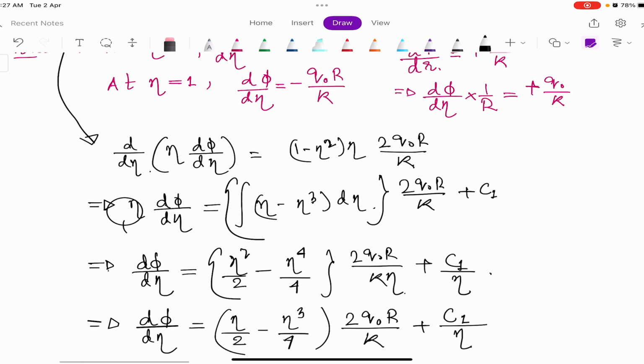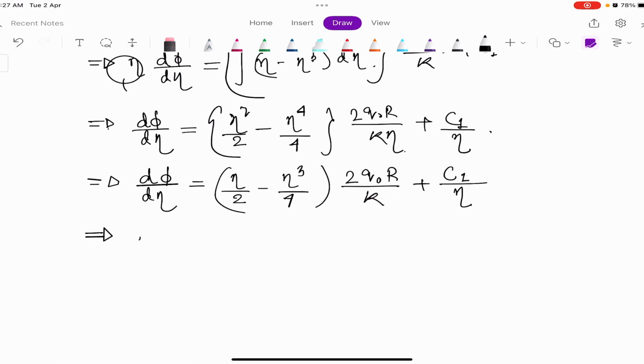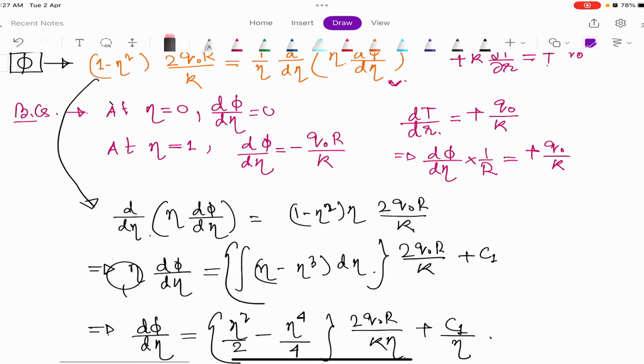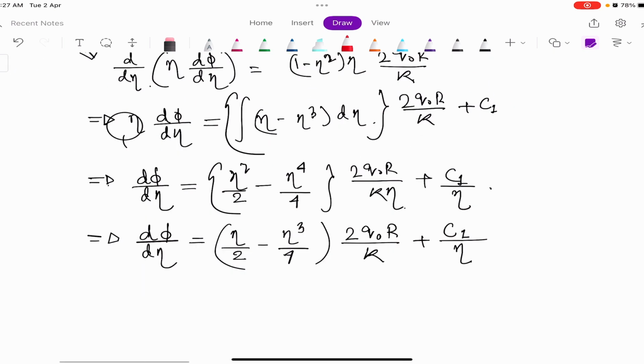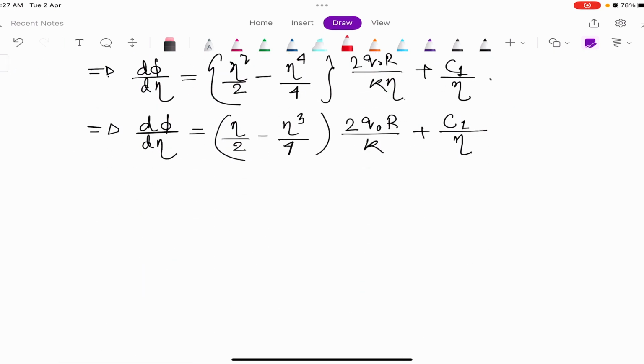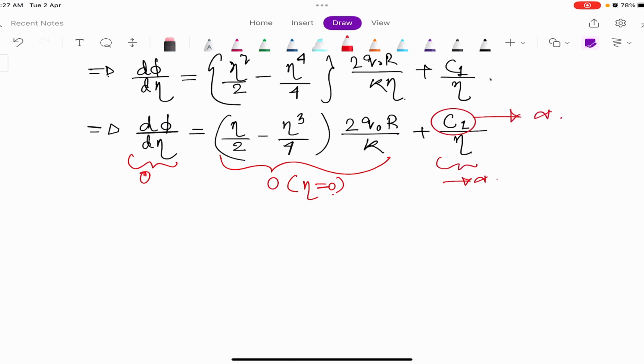Now you put the boundary condition at η equal to 0. So at η equal to 0 this term goes to 0 because η equals 0, and this is also 0, but this goes to infinity, so that is why C1 must be 0; C1 cannot exist.